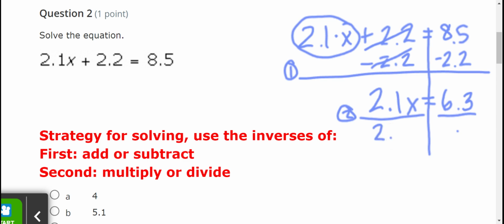We're going to put a fraction line in here to represent the division, and then we're going to divide both sides by 2.1. So 2.1 divided by 2.1 is going to give us 1x, and then we go down for the solve. X equals 6.3 divided by 2.3.